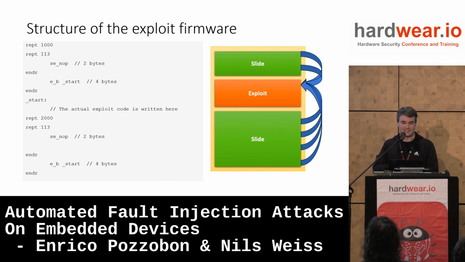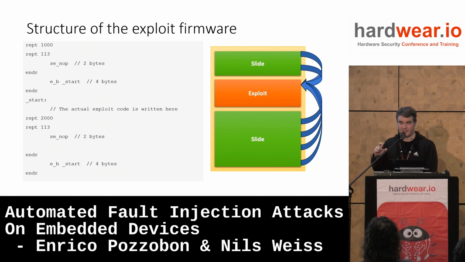NOPs in PowerPC VLE are only 2 bytes, just like in ARM Thumb, but a jump to a far address is 4 bytes. If we were to jump in the middle of a 4 byte instruction, it would not successfully jump into our exploit code. So we try to use as many NOPs as possible and interleave them with a few jumps to our exploit code.